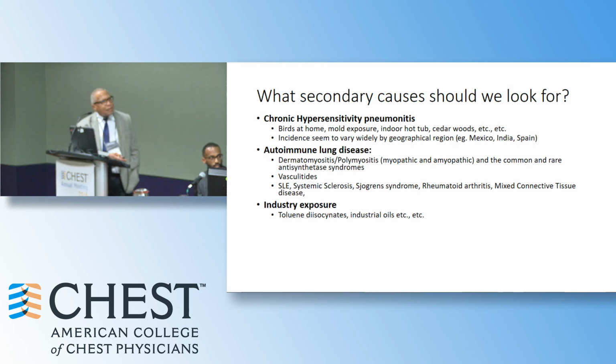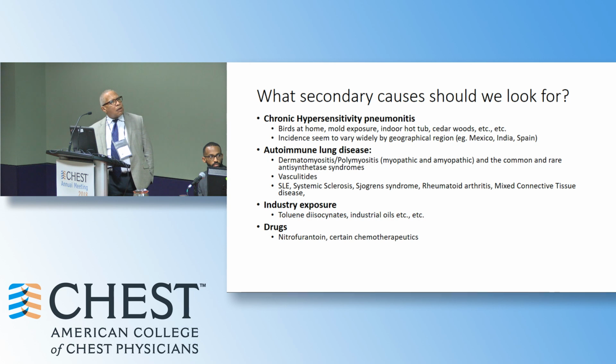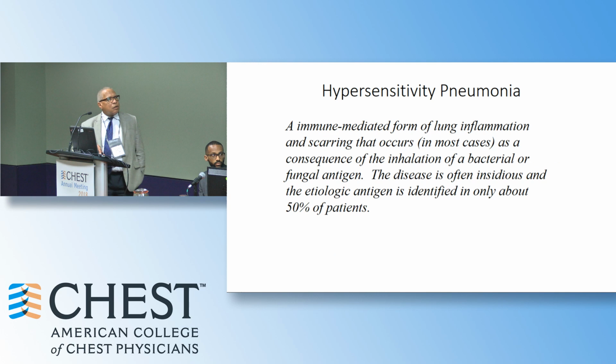That reminds me to say that one of the nice things that came out of the most recent recommendations from the ATS is to diminish the value of the HP panel screen, because most of the diseases that we look for are not included in that panel, and it's probably never really been rigorously tested as a useful tool for evaluating HP patients. So we've never ordered that panel, and I think the statement in the current guidelines underemphasizes that. Drugs, of course, are also important, and radiation-induced lung injury.